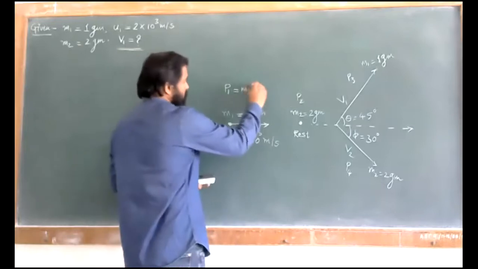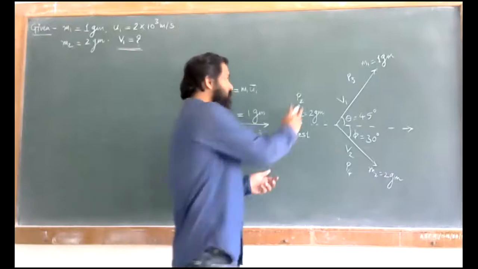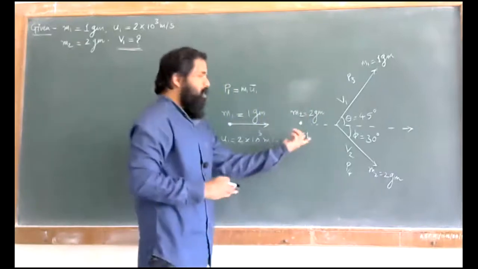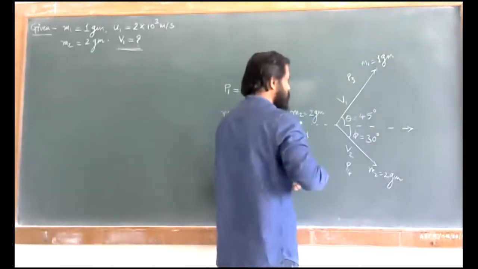The second particle has no momentum as it is at rest, so its velocity is equal to 0 and we can cancel it.